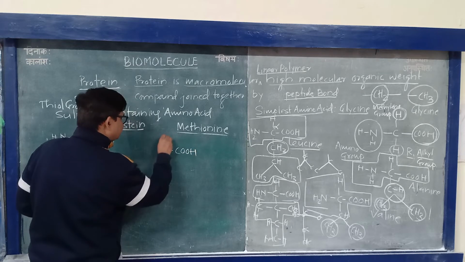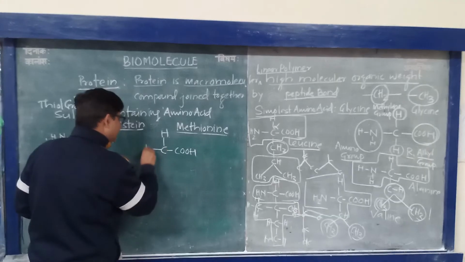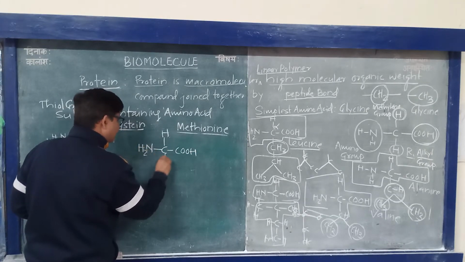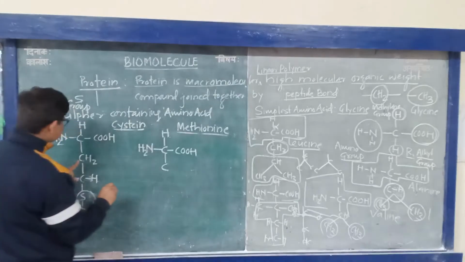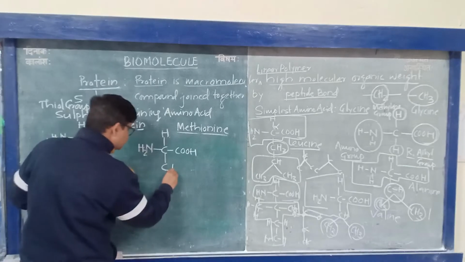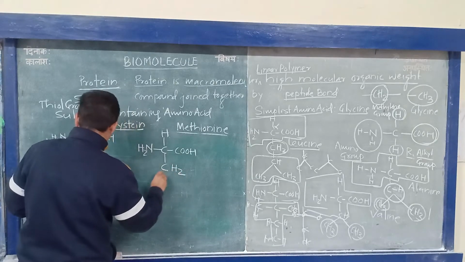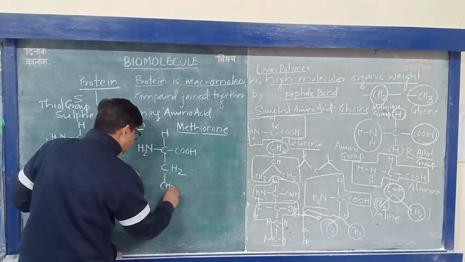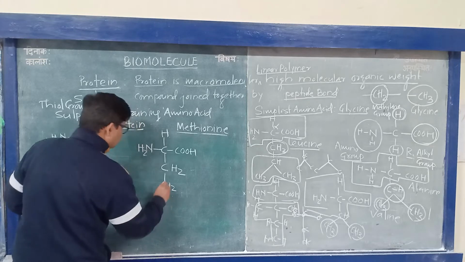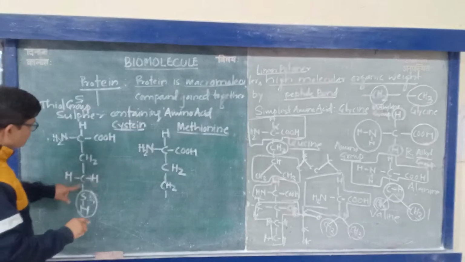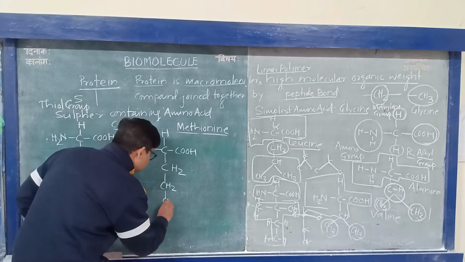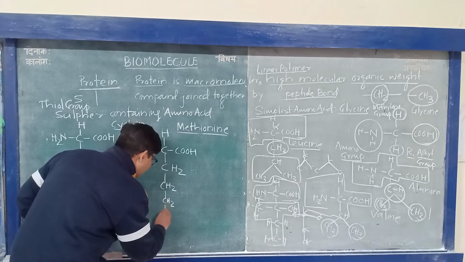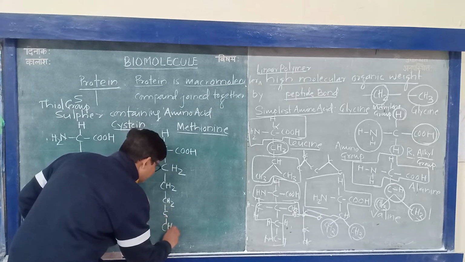COOH, then hydrogen, then NH2, and then you can draw a similar structure. CH2, okay, and then CH2, okay, and then what you have to add? One more CH2 and then S and then CH3.